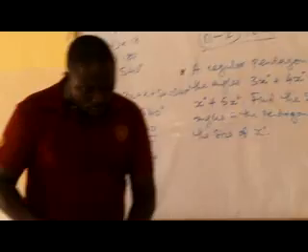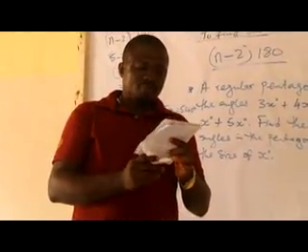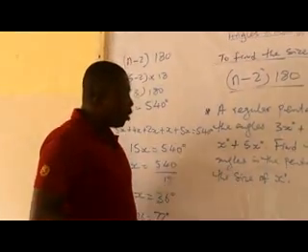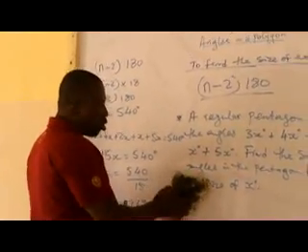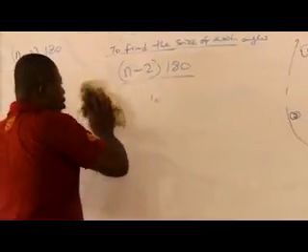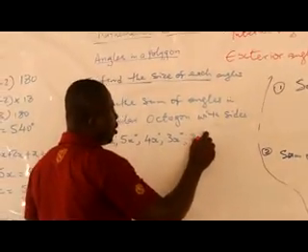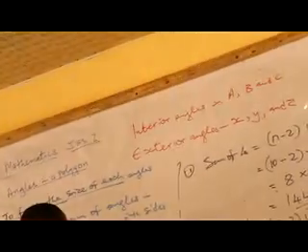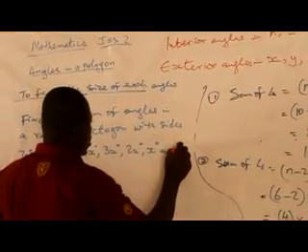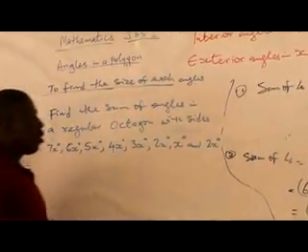Then the one I want you to use as an exercise at home, because of our time, the question runs like this: x degrees, 2x degrees, x degrees, and 2x degrees.